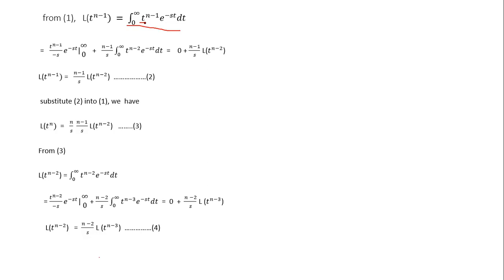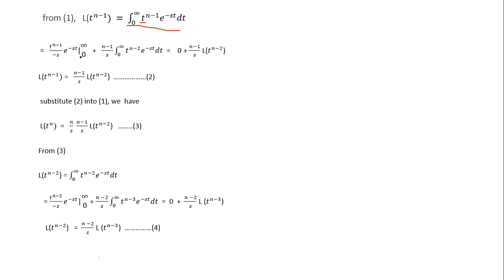You should know our u and our dv, then differentiate and integrate and put them into the formula uv minus integral of v du. That will give us t power n minus 1 all over negative s multiplied by exponential negative st.